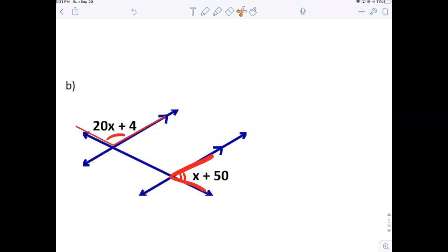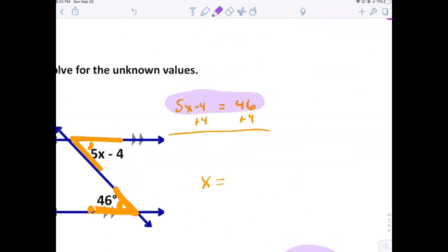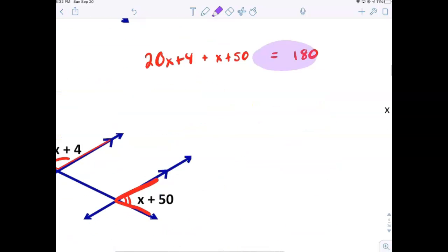So in this case, this is the only other thing that could happen. You have 20x plus 4 and x plus 50, and all that together equals 180. So when the angles are different, your equation is going to look like this. When the angles are the same, your equation is going to look like that.